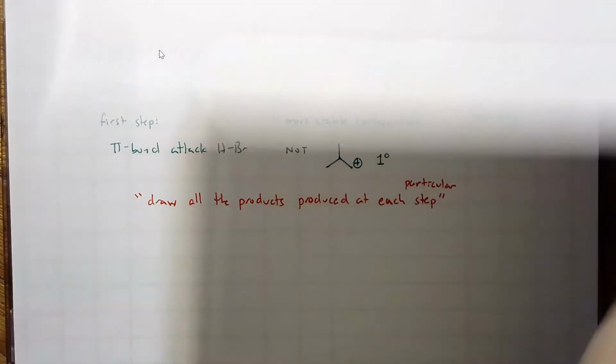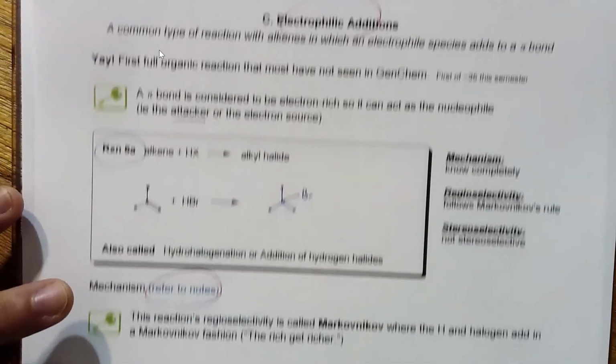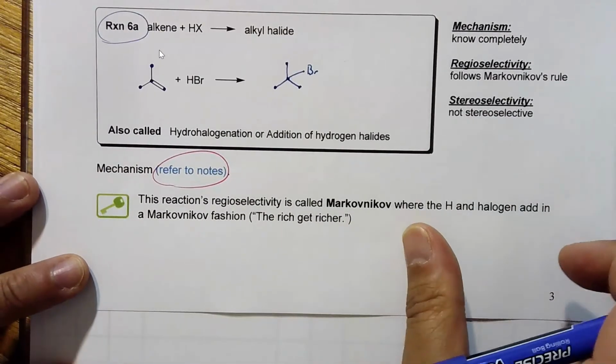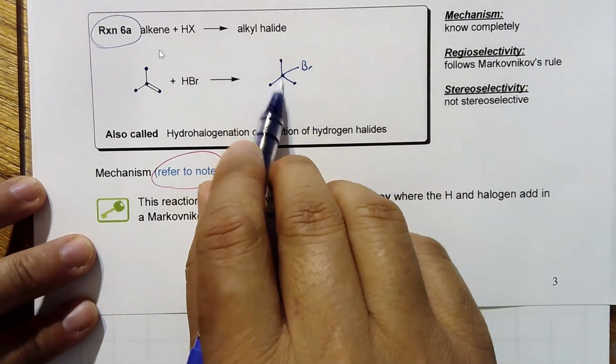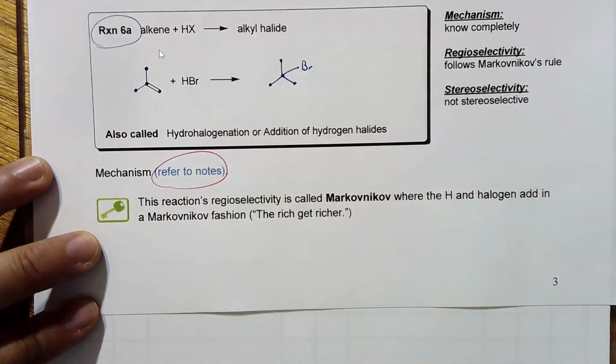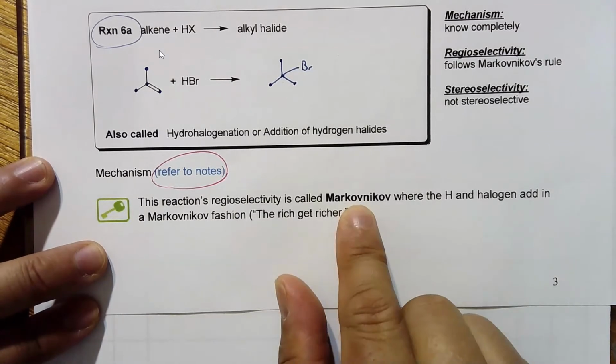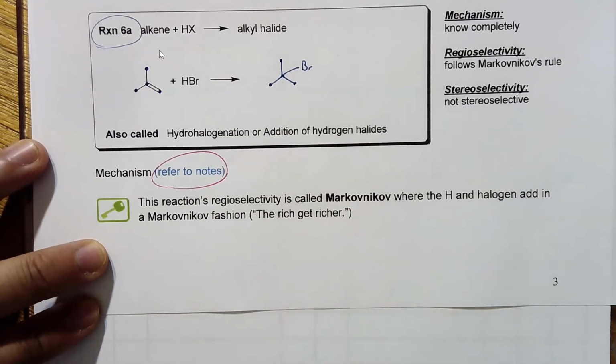Let's go back to the notes, because that idea that we are putting the bromine on the middle carbon and not the end was elucidated by Markovnikov, a Russian scientist, about 125 years ago.